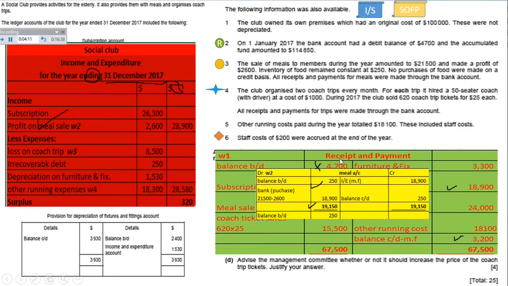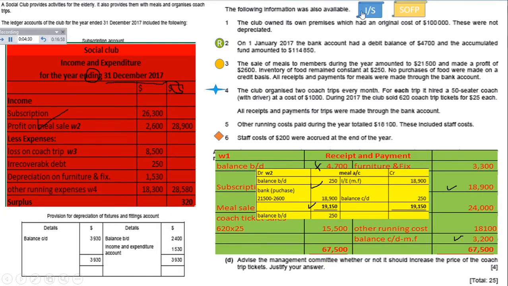Now let's look at the ledger as well, the meal ledger. If you look at this ledger, there's your closing balance of 250. 250 will go in your asset side.